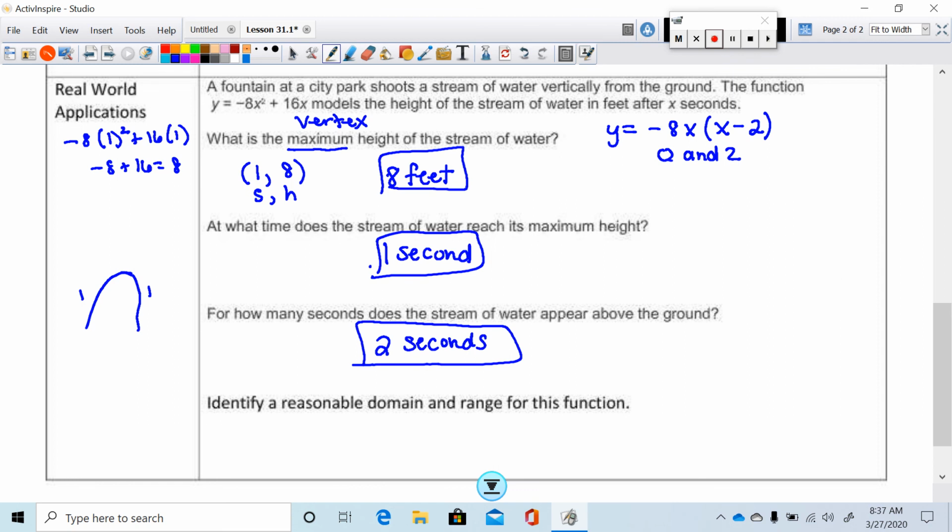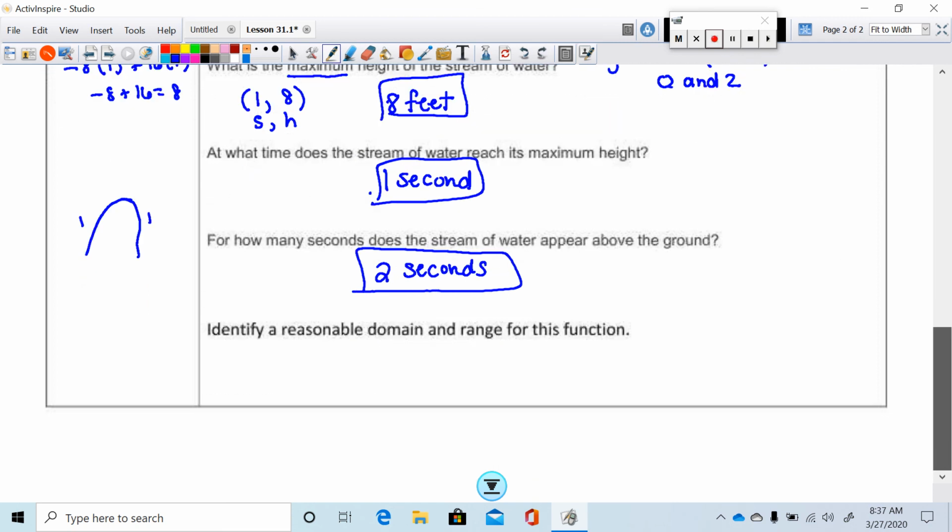Identify a reasonable domain and range for the situation. Well, the domain is the x values and the range is the y values. Okay, so for the domain, since we said the x's were seconds, it could be 0 seconds. Well, it can be 0 seconds, but it could be like 0.1 seconds.